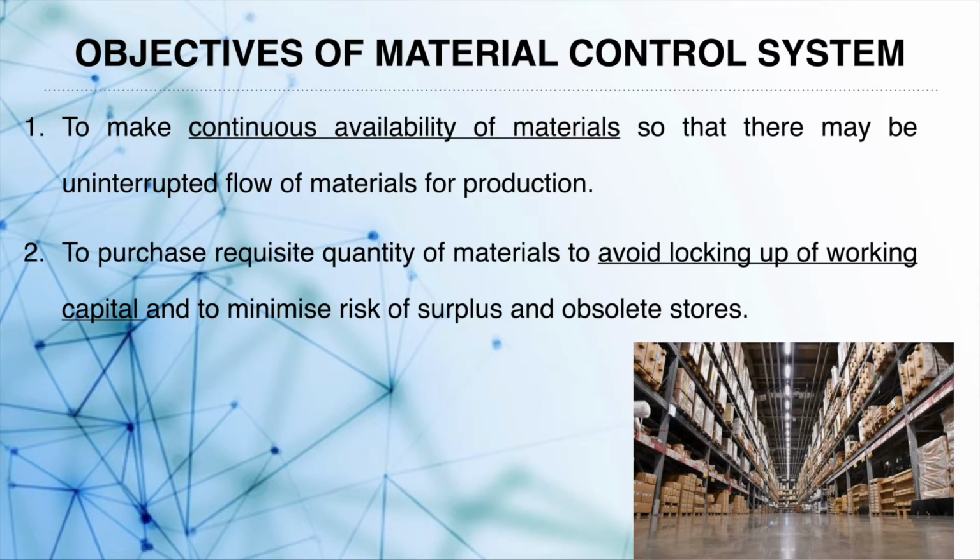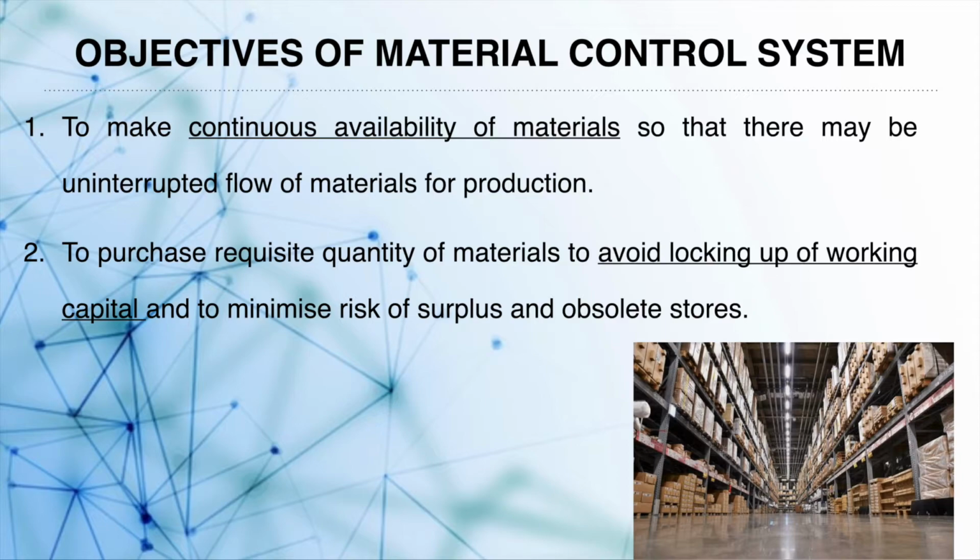Number one, continuous availability of materials. Because if our production is halted because of lack of raw materials in stock, automatically it will impact our company's products demand in the market. When it is demanded in the market and we are not able to supply it, that will affect our business badly, right?